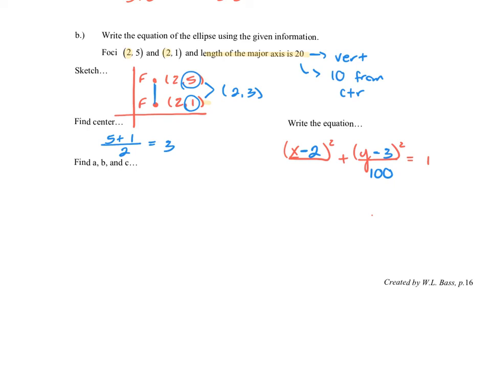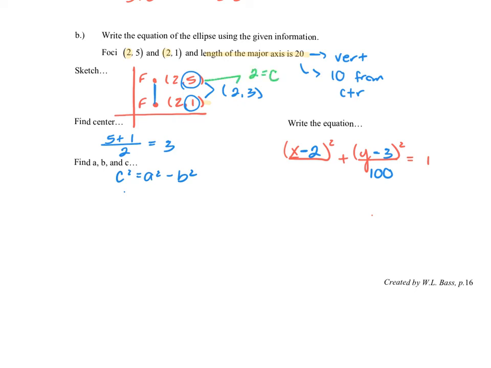Now, to find that value, we're going to use the c value, the distance from the center to the foci. Remember, that equation is c squared equals a squared minus b squared. And our c is going to be the distance from the center to the foci. So the distance from my center to my foci is 2.